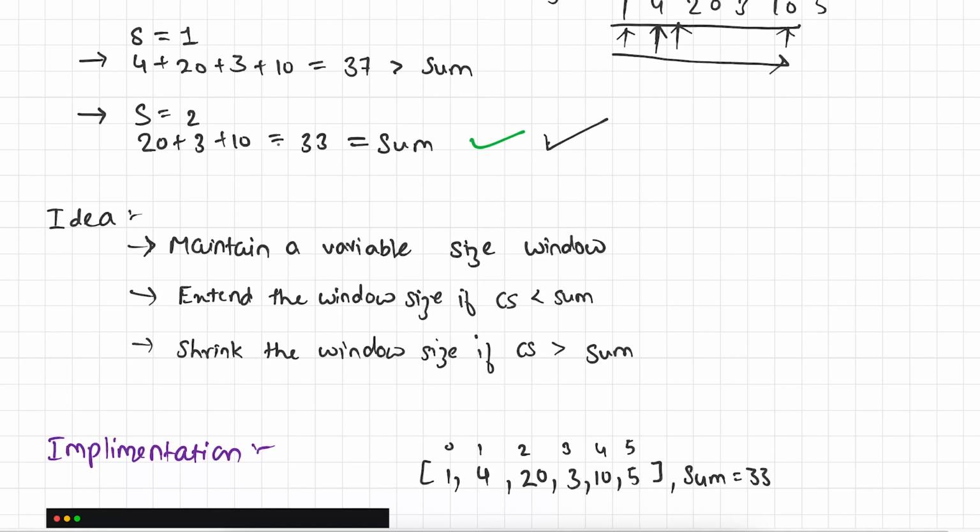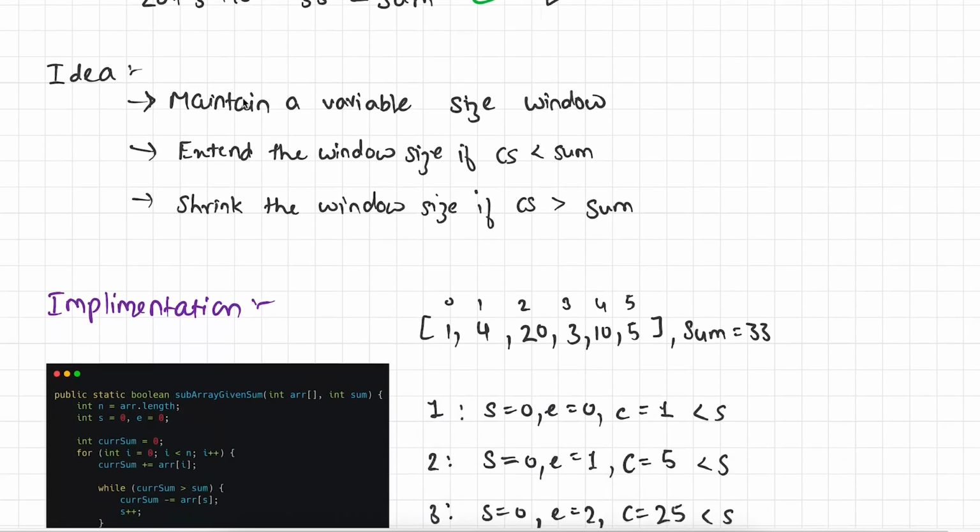We maintain a variable-size window to find all the possible subarrays. As soon as we find a sum that is smaller than the desired sum, we extend the window size. And if we find a sum that is greater than the desired sum, we shrink the window. This is the simple idea, isn't it? I hope the idea is clear to you. Now let's move on and see the implementation of this approach.